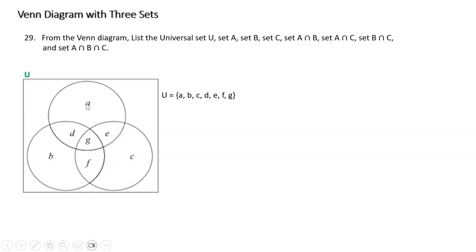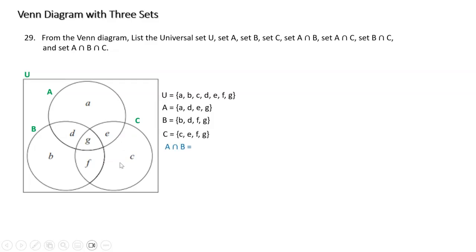It contains A, B, C, D, E, F, G. That's my universal set. Right, now set A contains the elements A, D, E, G. Set B contains the elements B, D, F, G. And set C contains the elements C, E, F, G.